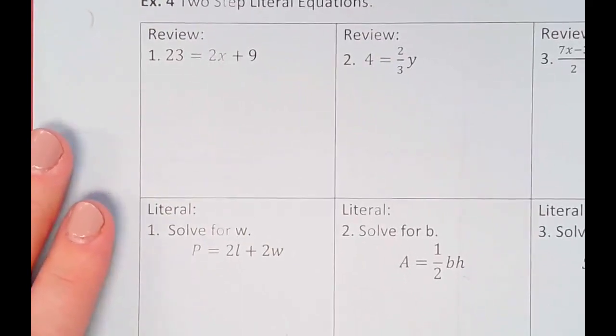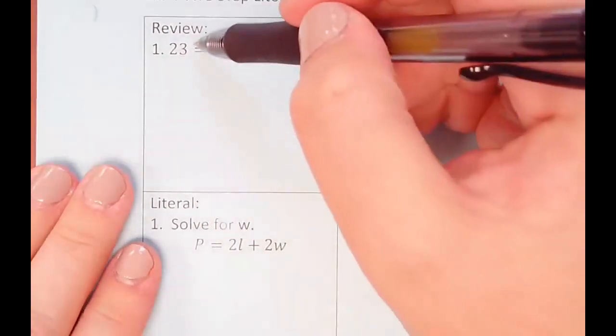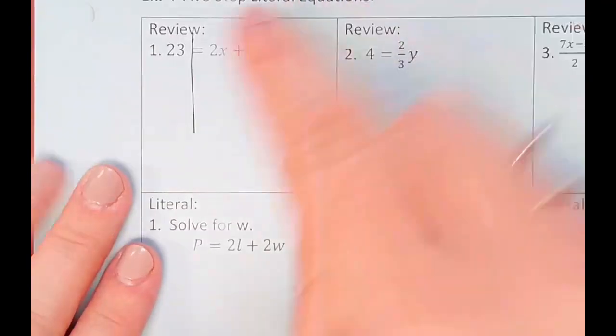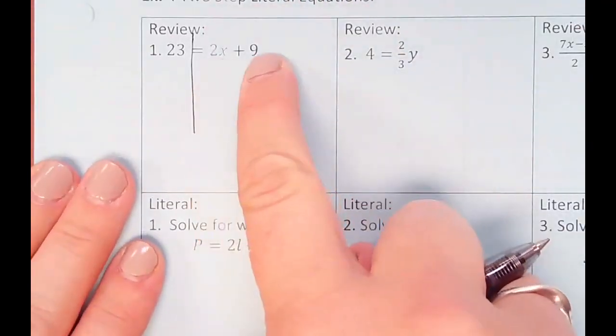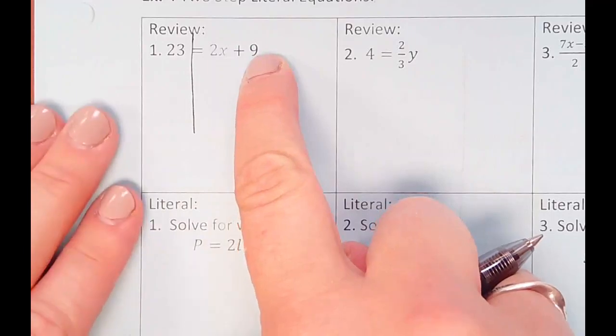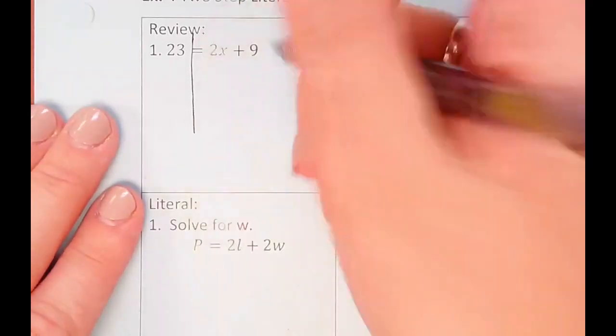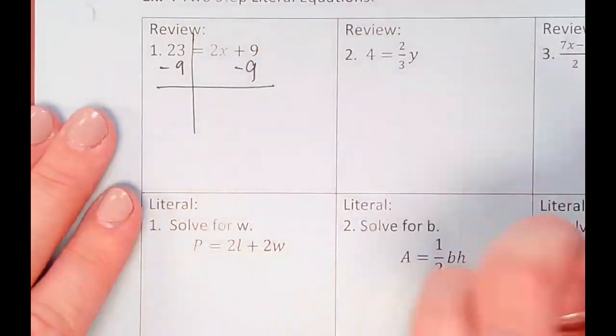These 9's cancel. Still don't have x all alone. 2 and x are mushed together. That's multiplication. I undo that with division. 14 divided by 2 is 7 equals, 2 over 2 cancel, and we're left with x. Final answer.